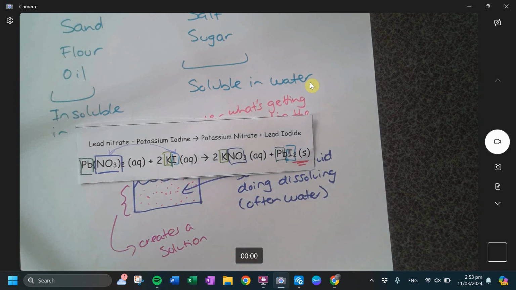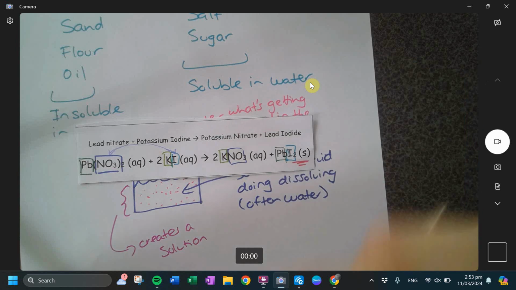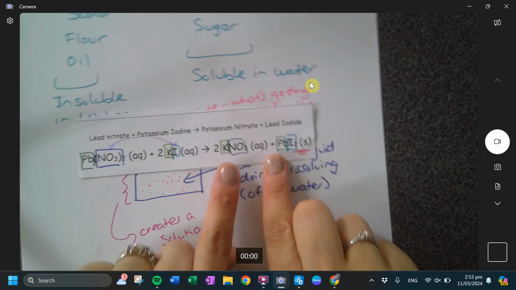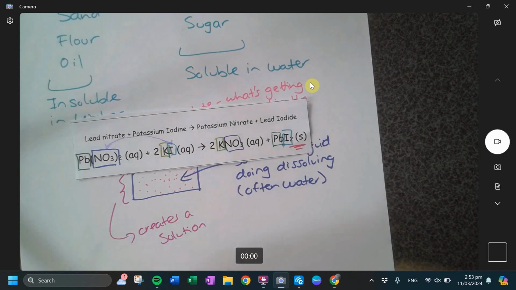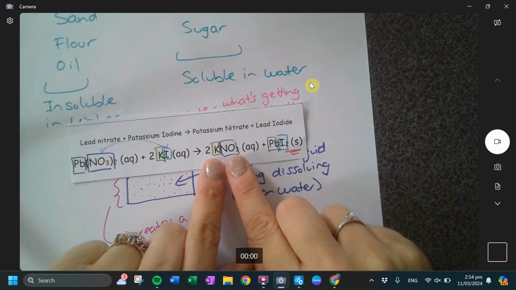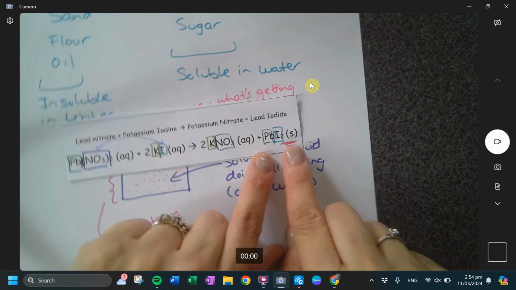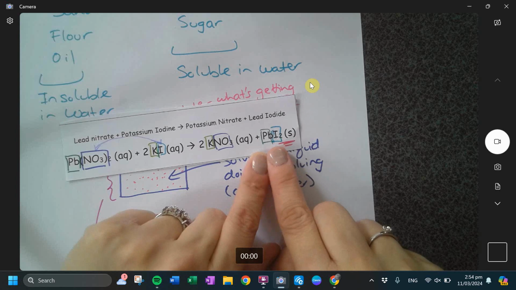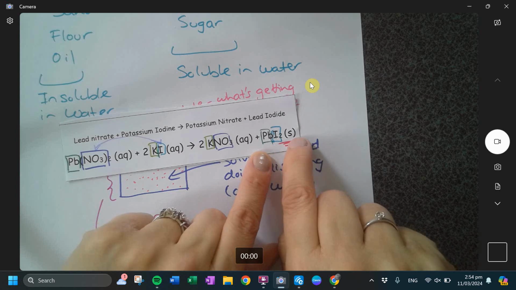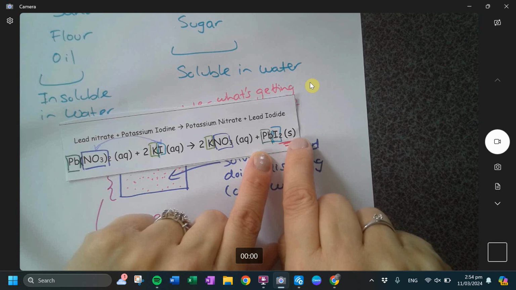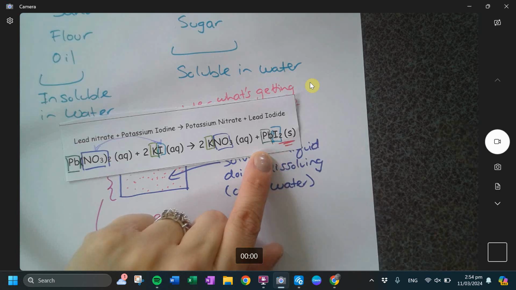Now, if I mix them together, I'm mixing all the ions so that they can interact with each other in this new beaker. And when I do that, I have some new combinations. I have potassium nitrate as one combination. That is still soluble. But I also have lead iodide. Now, lead iodide, we see that is a solid at the end, so that tells me that this product is insoluble, thus forming a precipitate. The precipitate is that solid that is forming out there.